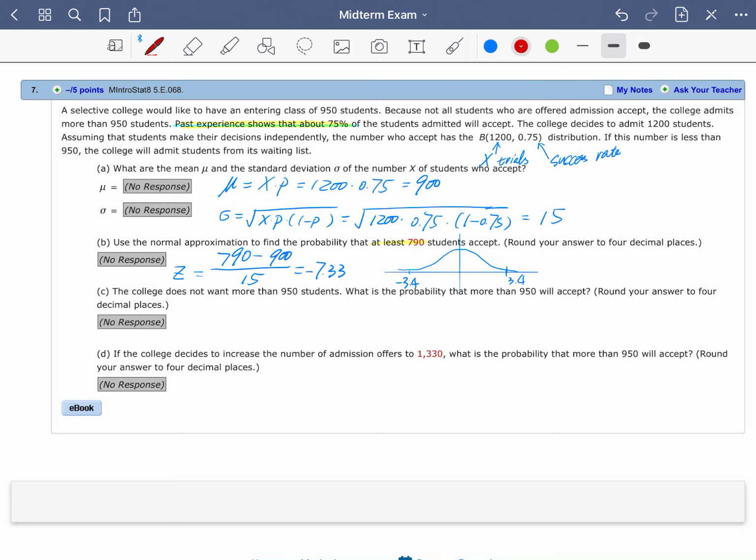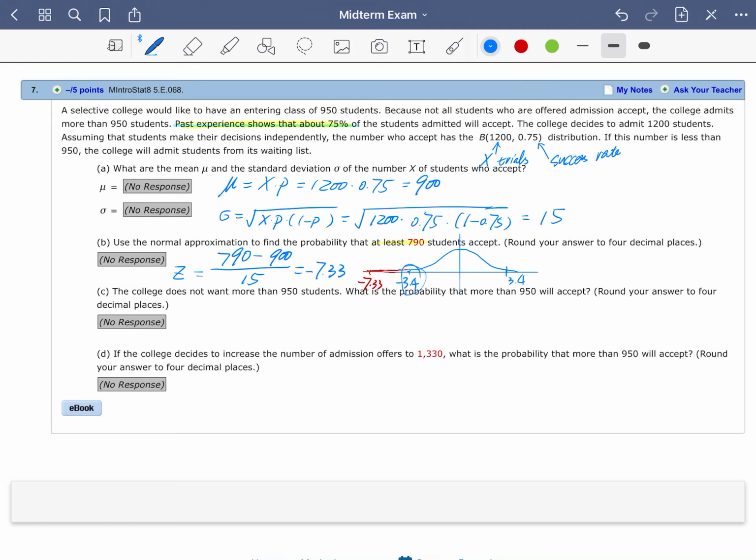So actually it's negative 7.33, it's way out here. And if you look at the table, this part is almost 0.